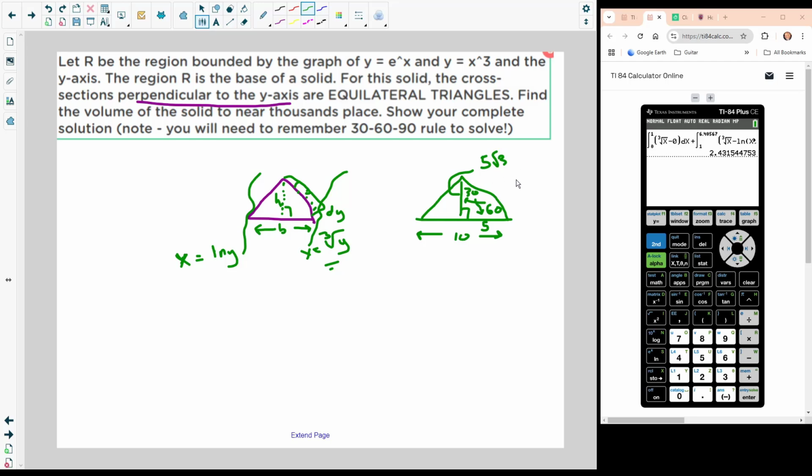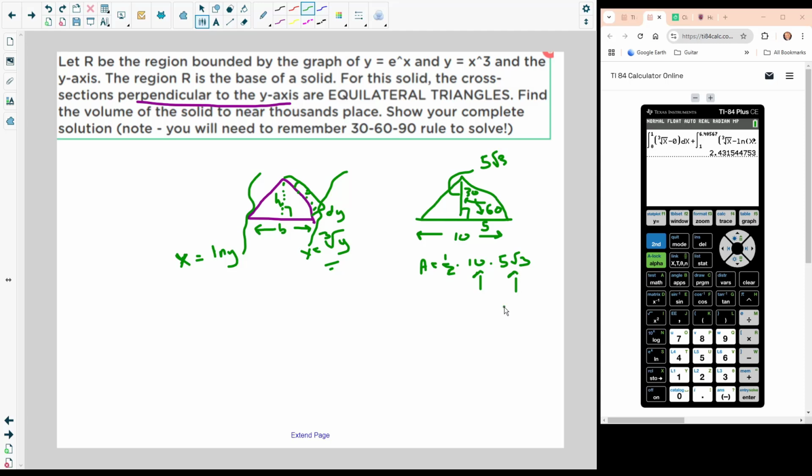If you ever had to find the area of an equilateral triangle with a base of 10, it would be 1/2 the base, 10, times 5 radical 3. But the important thing here is the relationship between this and this, right? So this 5 radical 3 is basically 10 divided by 2 times radical 3.